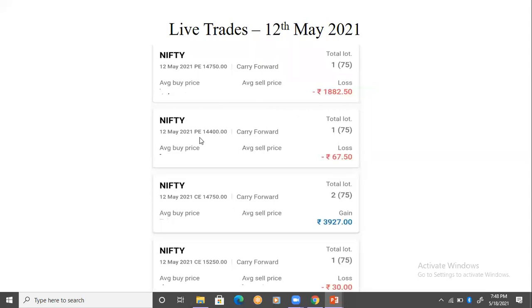To get margin benefit, what we have done, we have bought deep OTM options. So 14,400 put option, you can see we have bought, and 15,250 call option we have bought just to get margin benefit. So these are the two buying legs just to get margin benefit. But this is the main strategy: 14,750 put sold, 14,750 call sold.